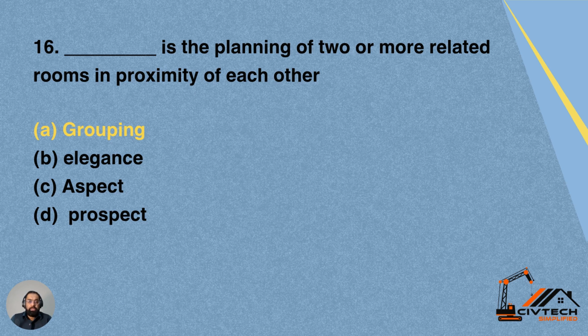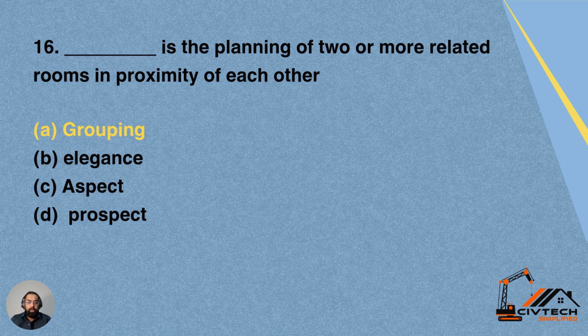Then we have question number 16. Dash is the planning of two or more related rooms in proximity of each other. So when we are planning to construct two or more rooms which are adjacent to each other as one block or one house or one floor, we take all those rooms as a single terminology.